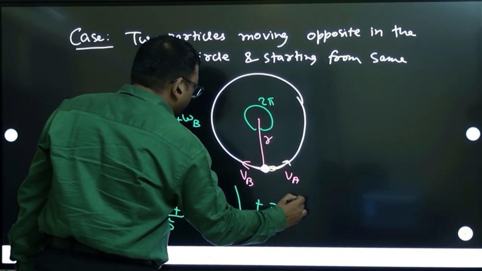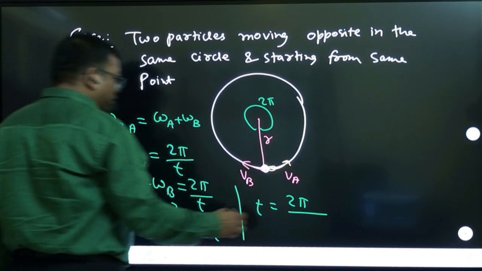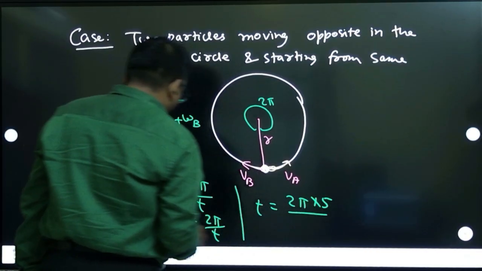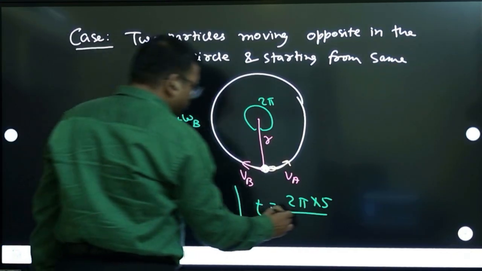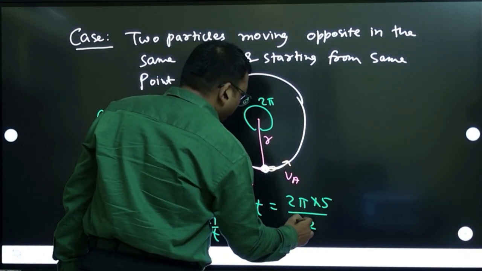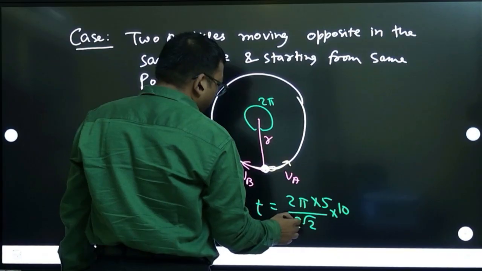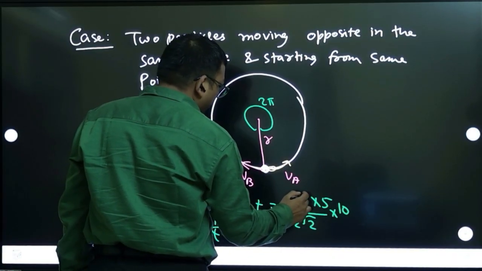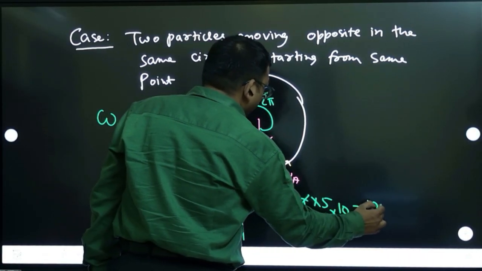Time will become 2 pi divided by this. You take LCM 5, 5 will come in the numerator, and this will get added, 1.5 plus 2.2. When you remove the 10, 22 by 7 factor comes here, 100 by 7.